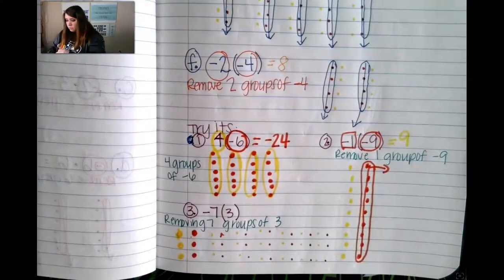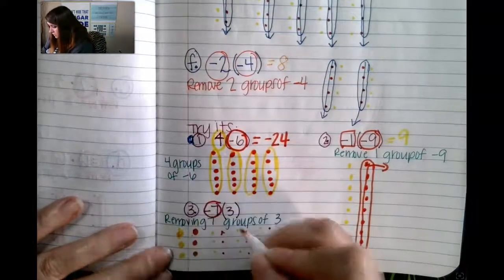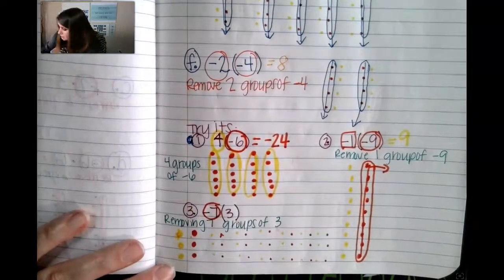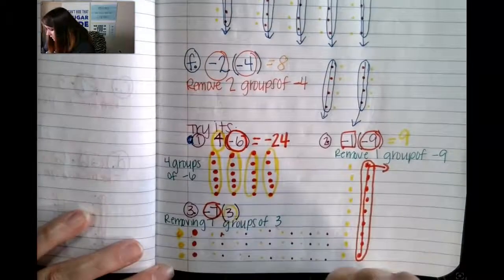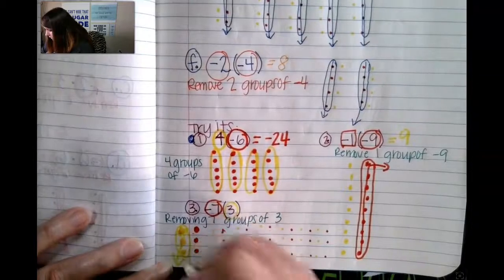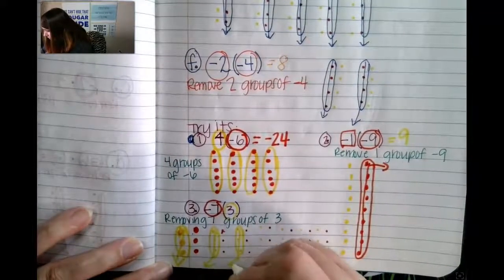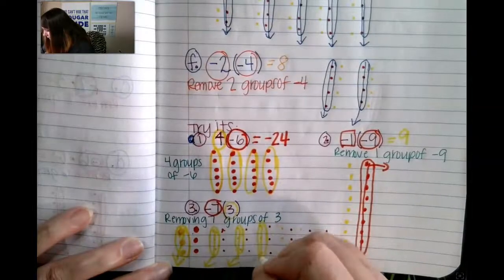Okay, and now I need to remove 7 of the groups of +3. So this was negative, which means remove, and then I am removing the positive. So if I'm removing positives, positive stuff goes away. I'm removing all the positivity.